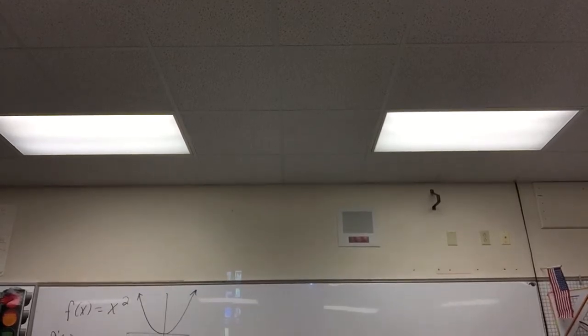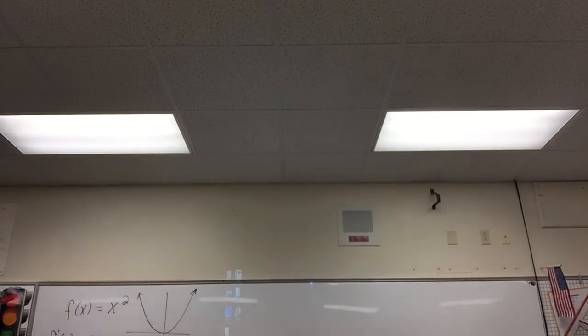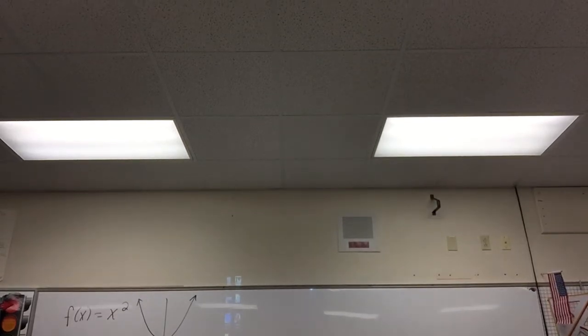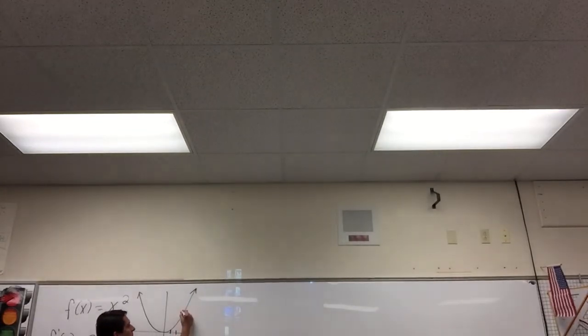That means I can pick any point and find the slope of the line tangent. For example, here's x equals 1, 2, 3. And I say, let's draw the slope of the line tangent when x equals 3. So that's right here.